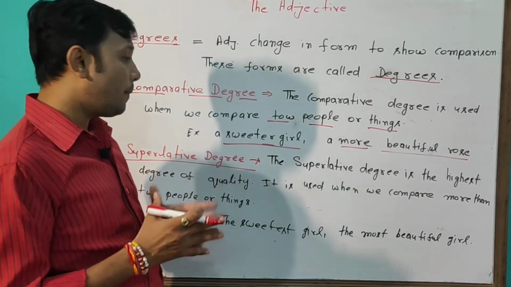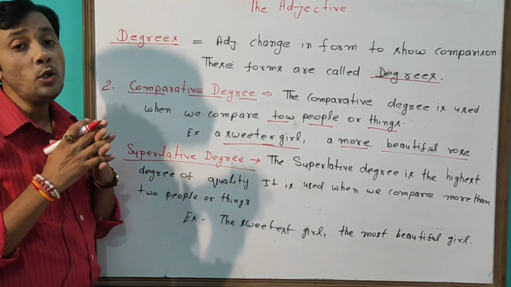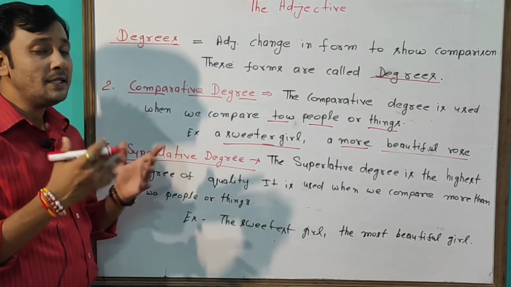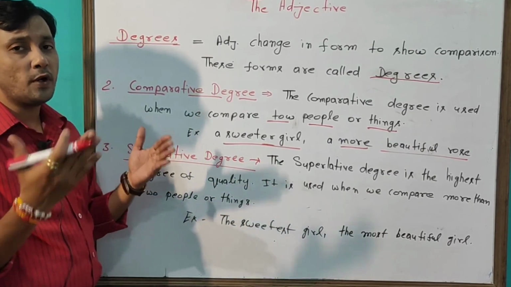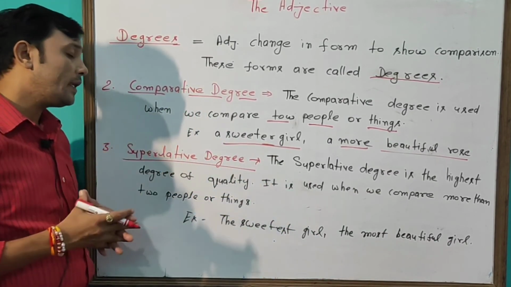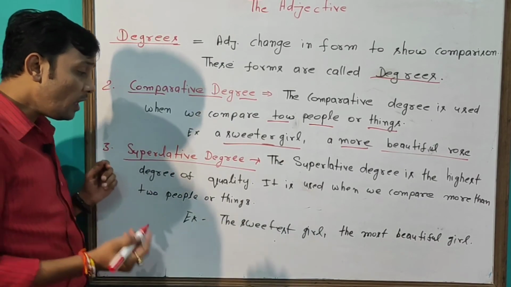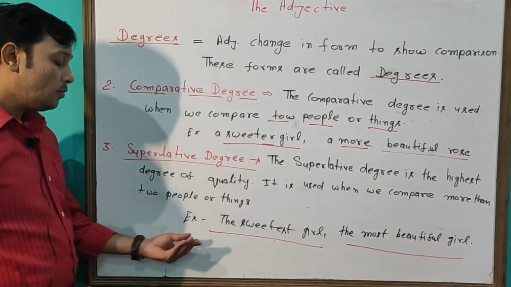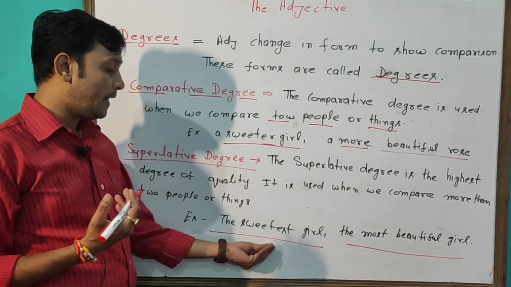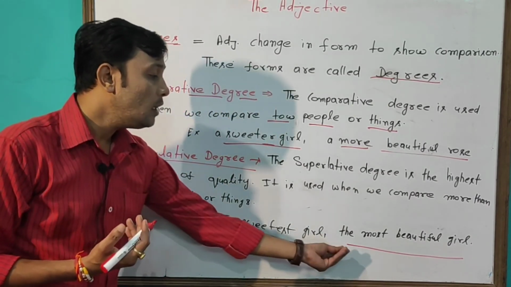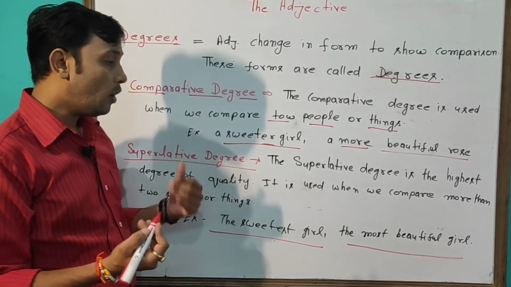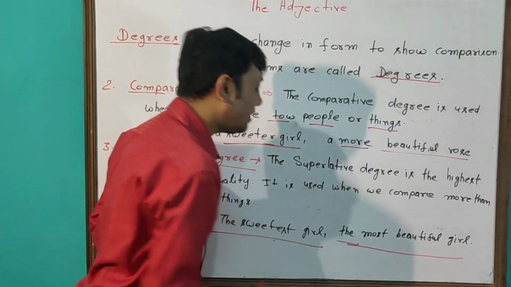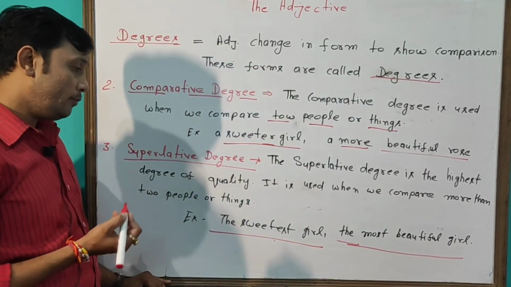It is used when we compare more than two people or things. The sweetest girl, the most beautiful girl. Generally the superlative degree is formed by adding est or most, and it is mostly preceded by the article the.